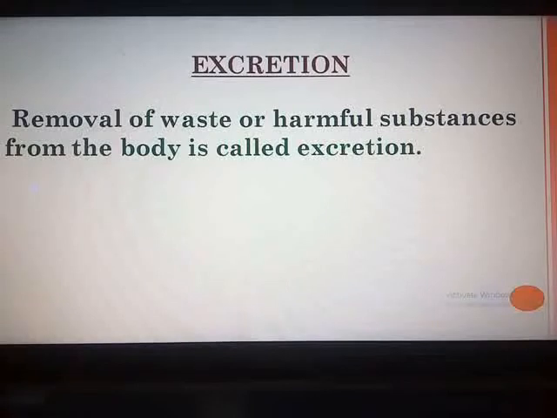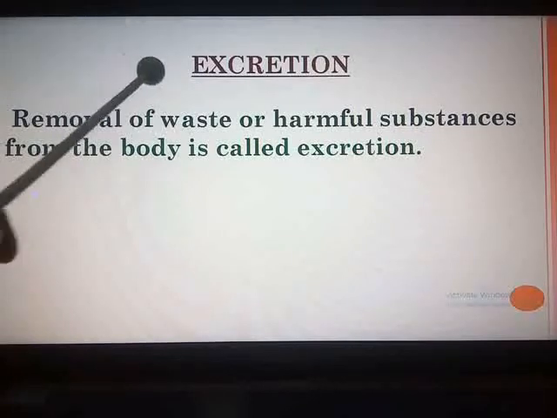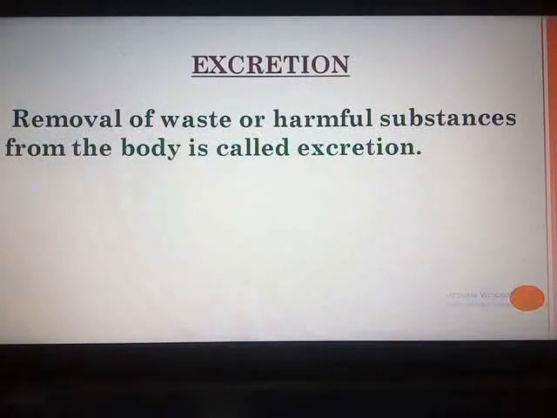That garbage has to be thrown outside the building, and then the municipal corporation heads and all take this garbage away and further dispose of it. So that simple process of throwing the garbage outside your house every day on a regular basis is called excretion, and similarly is the excretion in all the living organisms.